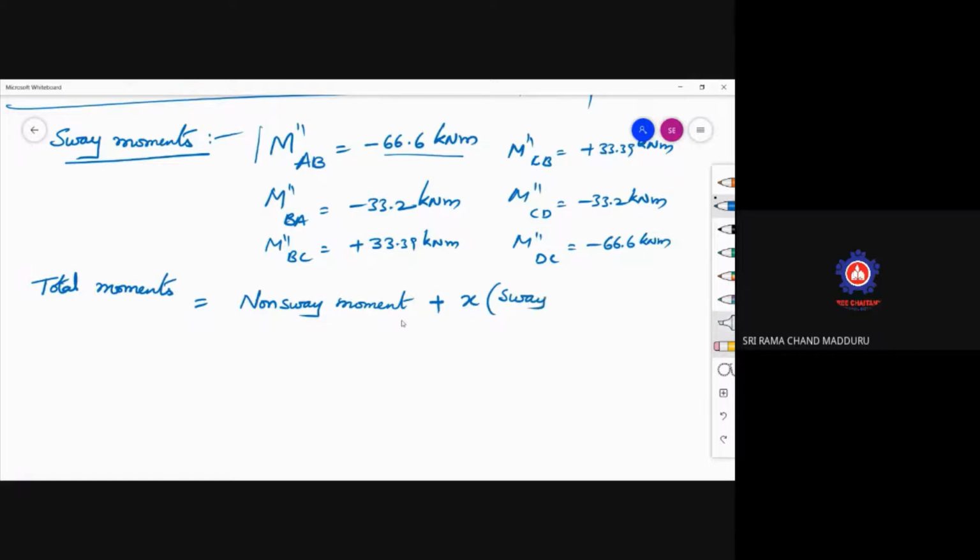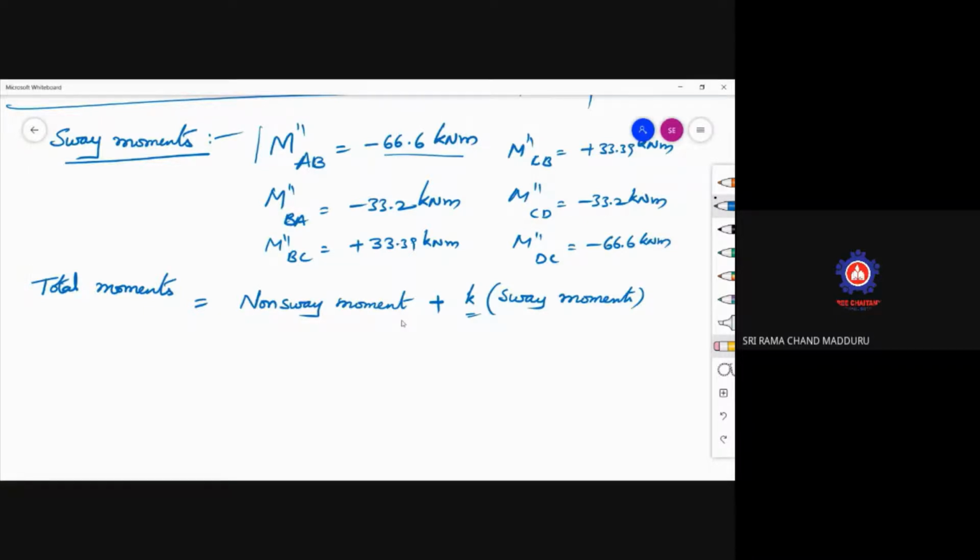Instead of x, I will write k, a factor k. Why am I multiplying with k? It is a factor which adjusts our assumed value. We have assumed 100, but to make it the actual value, I am considering a factor k. Now, total moments are nothing but non-sway moments plus k into sway moments.